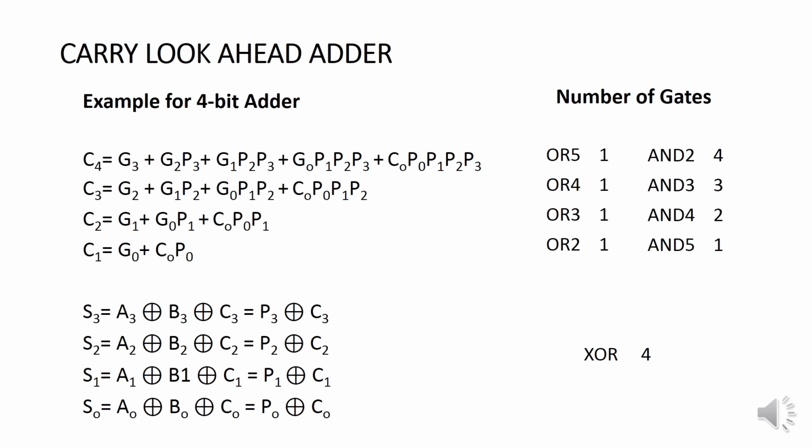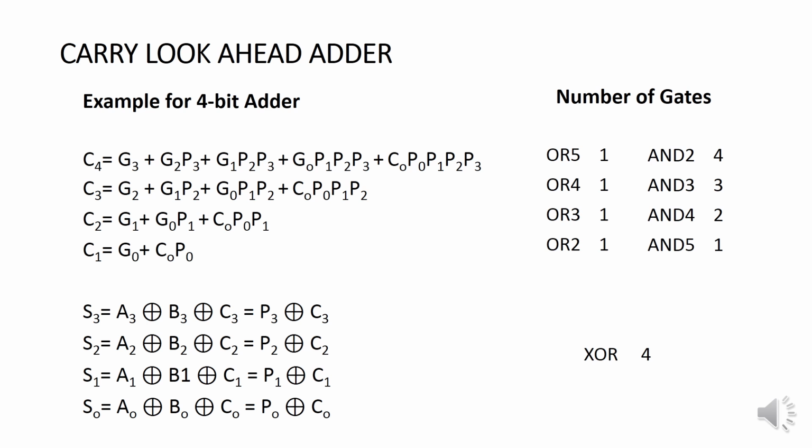And now, for the terms within the equations, the products mean AND. So, these are AND gates with 2 inputs. So we need 4 AND gates with 2 inputs. These are AND gates with 3 inputs. So we need 3 AND gates with 3 inputs, and so on.